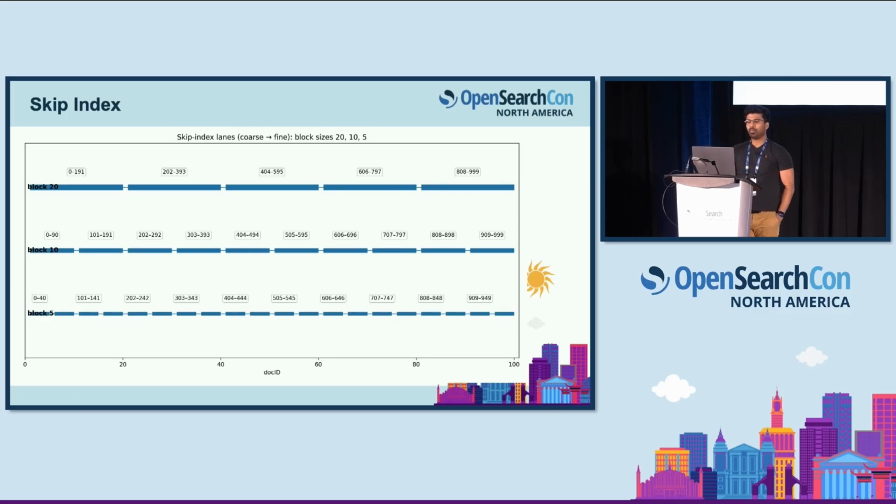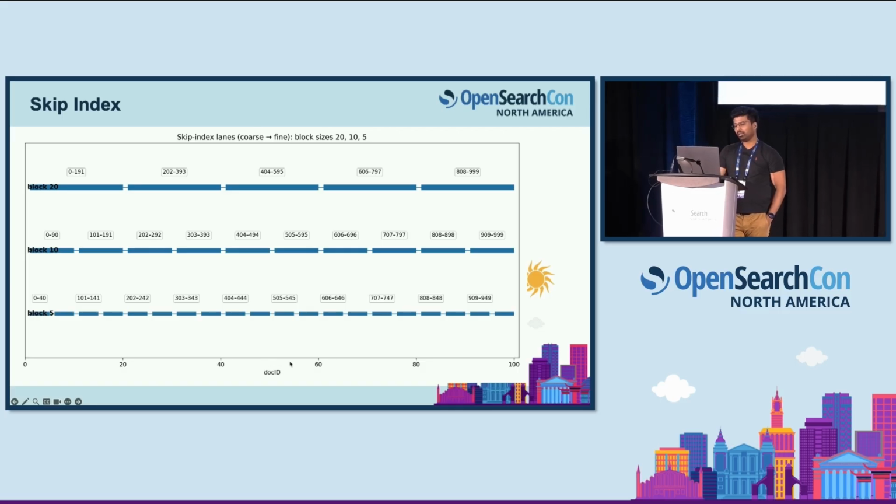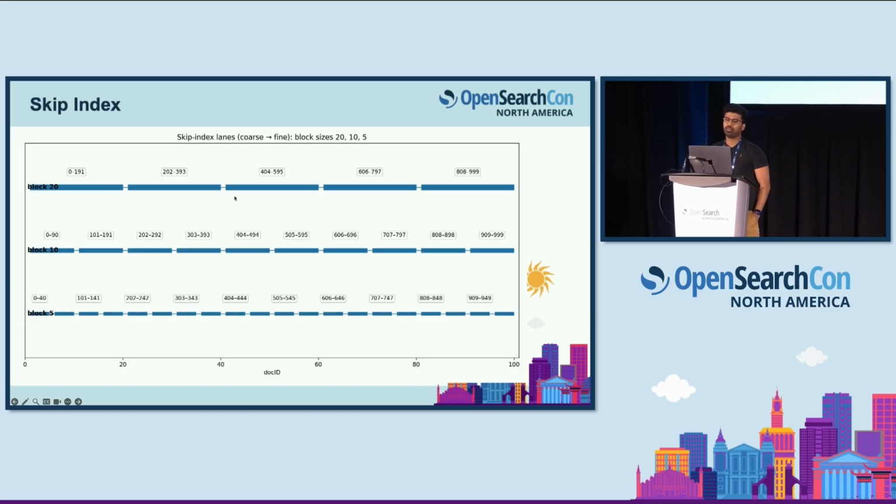On the bottom in this graph, you have doc IDs from 0 to 100, right? At the first level, this is a block of 5, where we are skipping every 5 documents, and we maintain the min and max values for that interval. And as you go higher in the skip list, you are able to skip more documents.